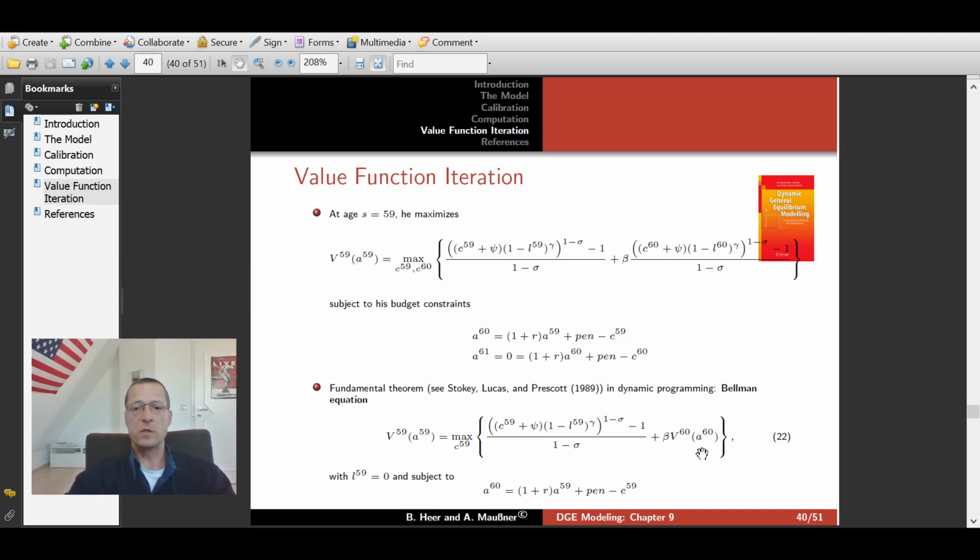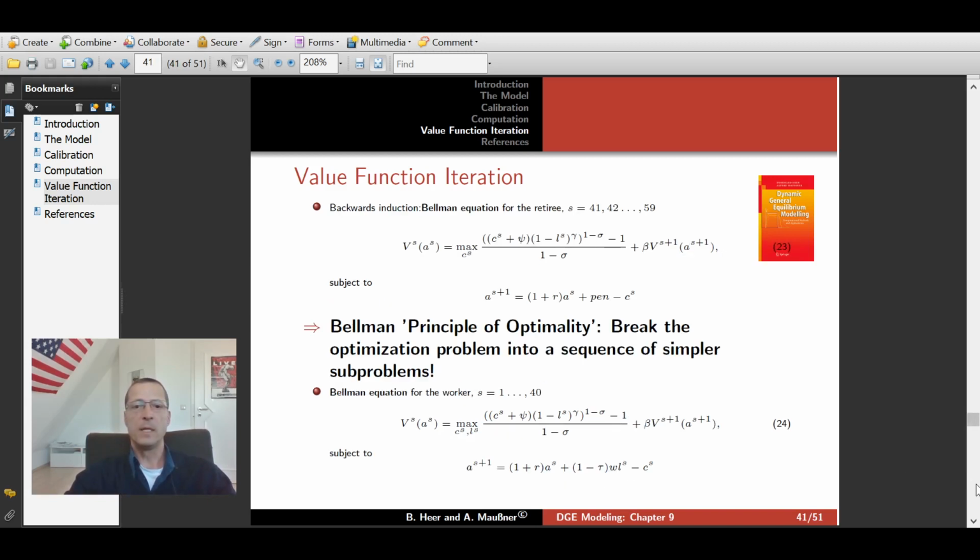Let us shift this problem again backward in time and get to a retiree at age s. And this age is now 41, 42, up to 49. We can decompose it into consumption at age s and instantaneous utility at age s.